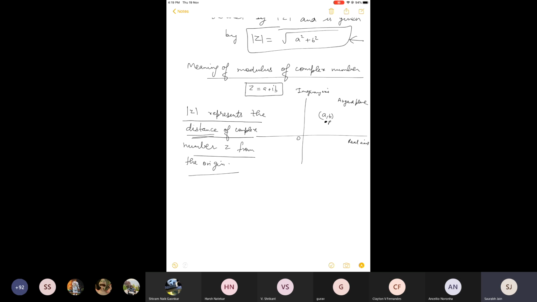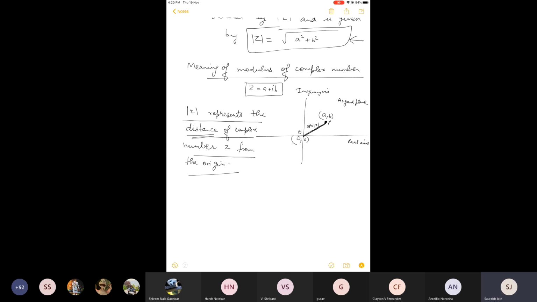Why? Because the complex number itself is a point, so it will have some distance from the origin. That distance is called mod z. If I join the origin to P, then this distance OP is called mod z. OP or mod z, it is one and the same thing.